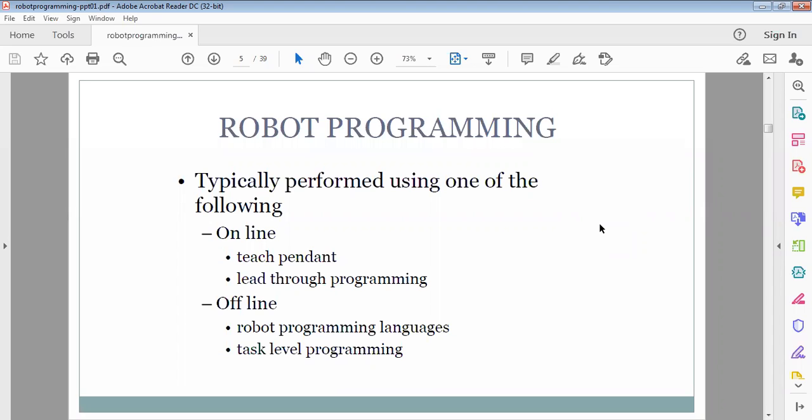Lead through programming and teach pendant programming are online programming. Offline programming is robot level programming languages and task level programming languages. So the above types of programming are again categorized into two, online and offline.